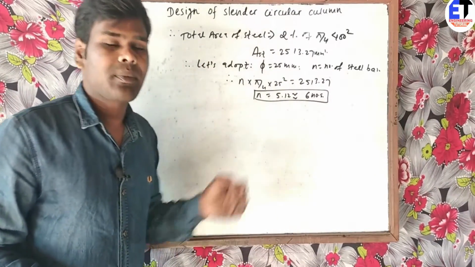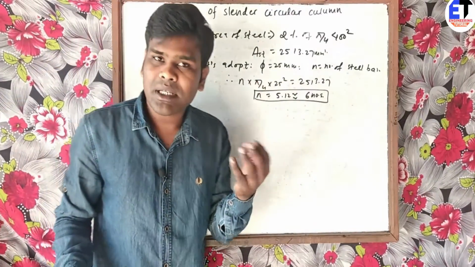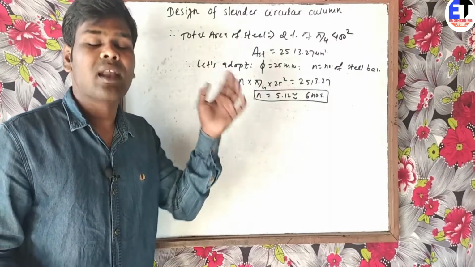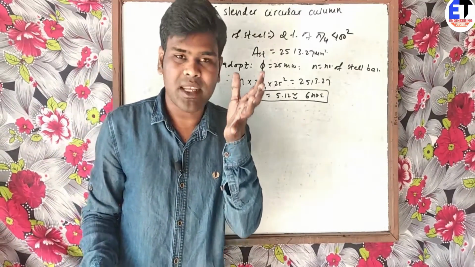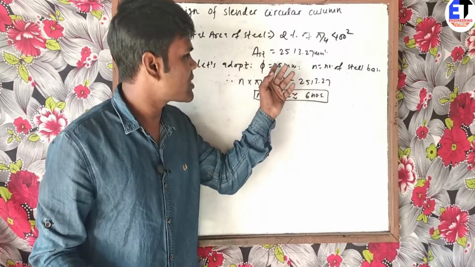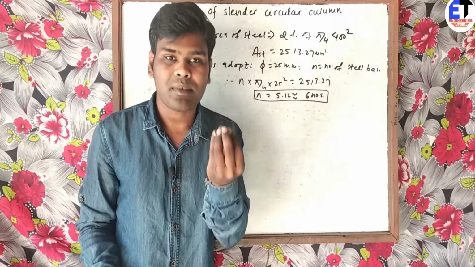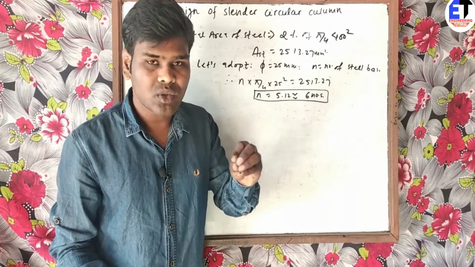To this step we have calculated the amount of steel required, the percentage of steel, the diameter of the main reinforcement bar, which is 25 mm, and the number of 25 mm bars required.